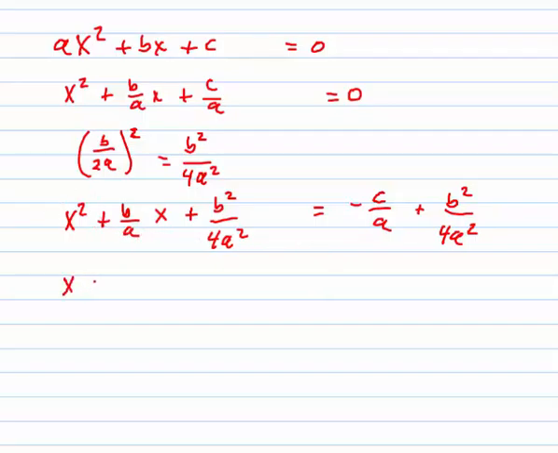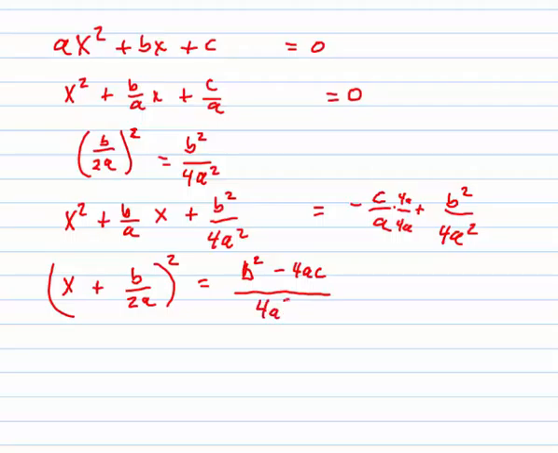This is x plus b over 2a, squared, and that is equal to, well, let's get a common denominator, multiplying top and bottom by 4a, so 4a and 4a. If we combine those, we get b squared minus 4ac, all over 4a squared. You just get a common denominator there and put the negative there.